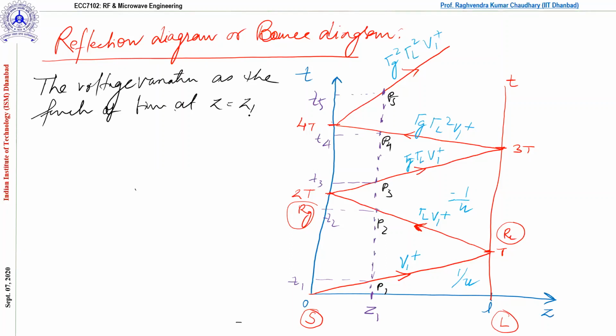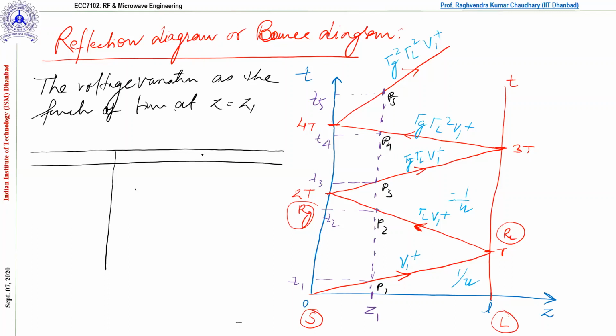So let us make a table here and analyze what is the voltage and what is the discontinuity. Here we'll write the time range, this is voltage wave, and this is voltage discontinuity, fine.